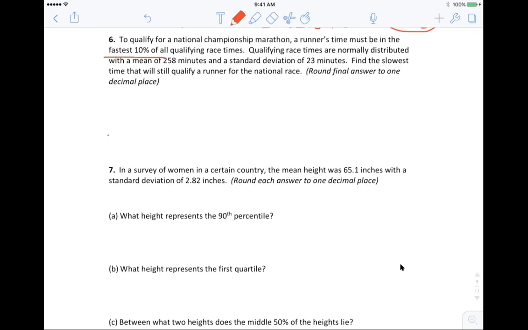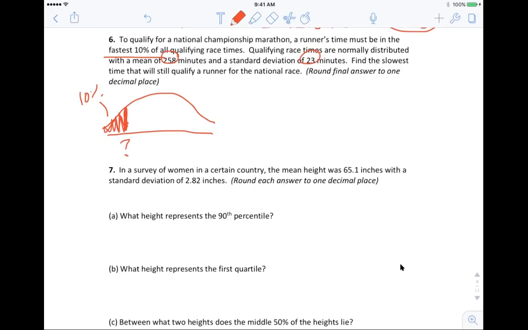So I'm thinking that fastest times is actually down there, right? That's the fastest 10%. Okay. And then we're given a mean and a standard deviation. Find the slowest time right there and still be in the fastest and so qualify for the race.